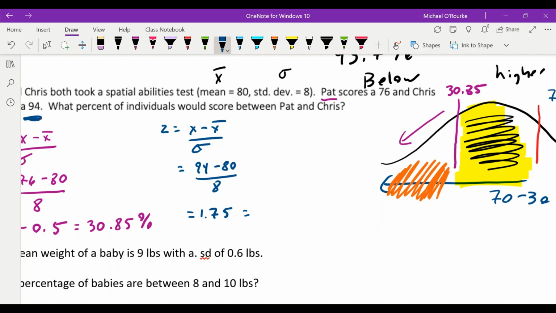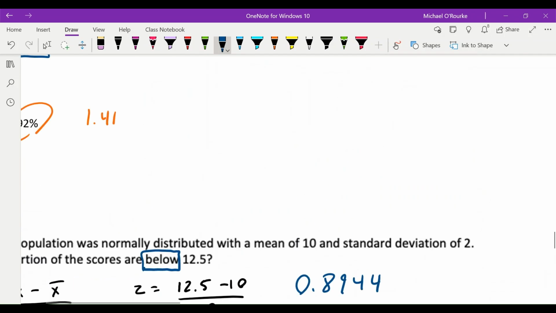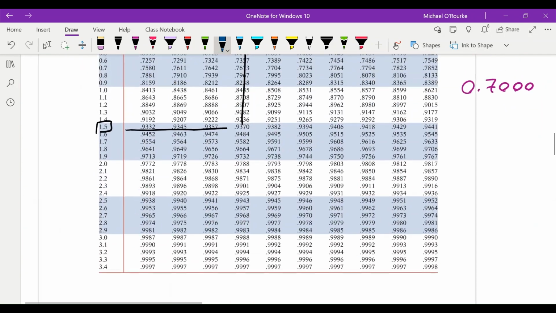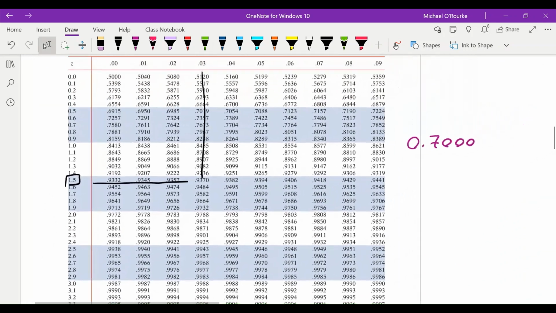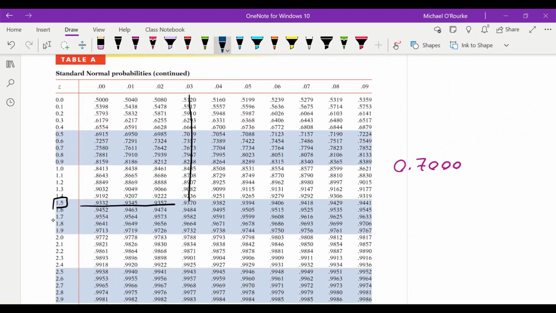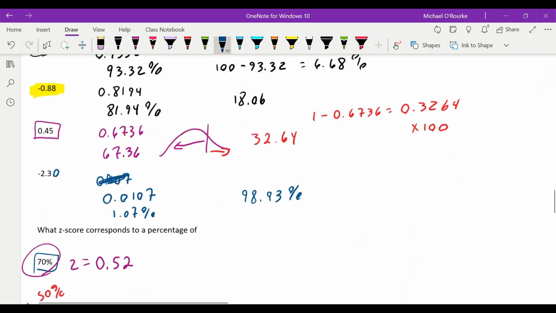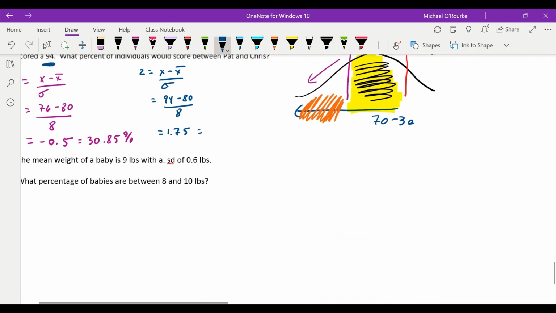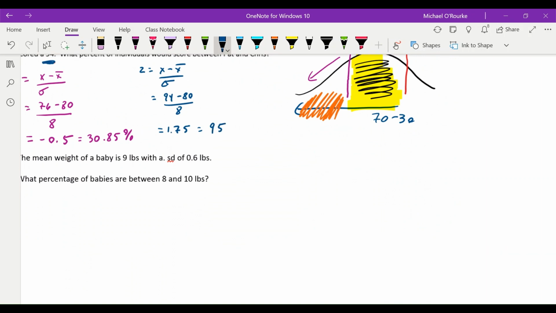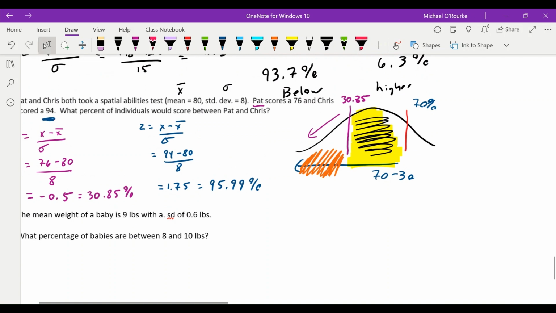So let's go find out what that is. So 1.7 is here, 5 is here, 95.99. 95.99%. So I was a little off on this one.